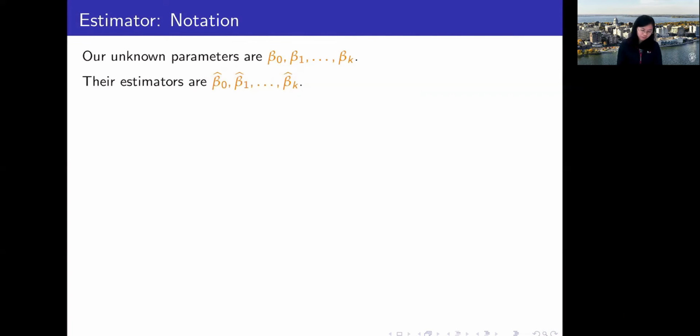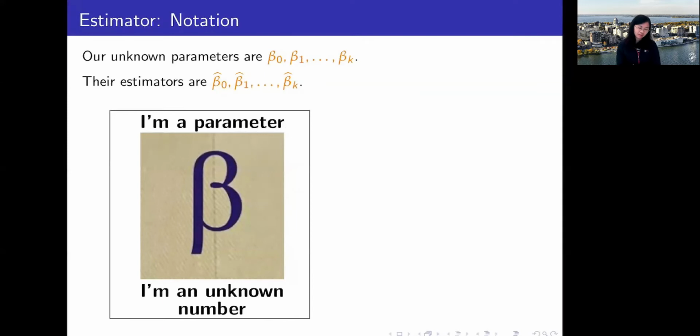So the unknown parameters are denoted usually by beta or sometimes theta. And in the first part of the course, we also used maybe mu or lambda. These are all notations for the parameters. Here in linear regression it is usually just beta. Beta is a parameter. It is an unknown number. It is non-random.